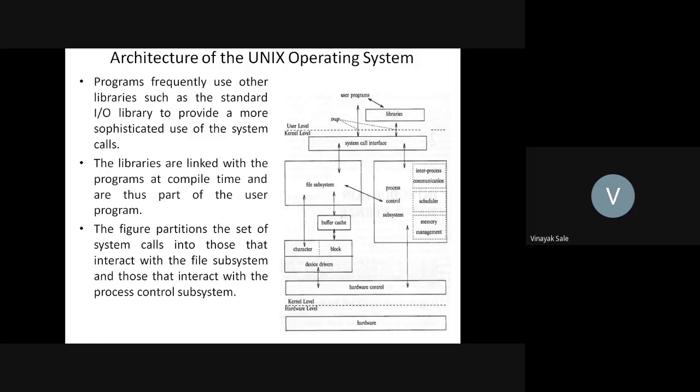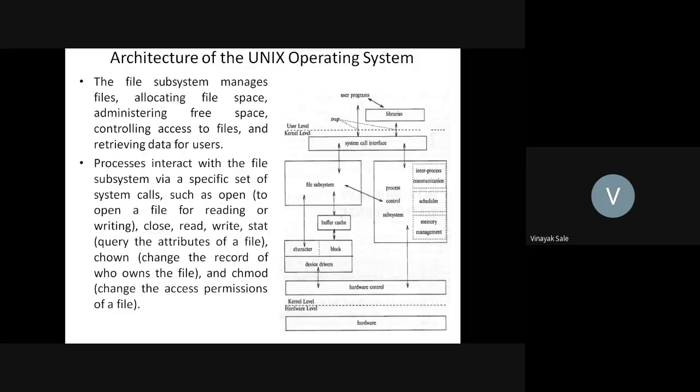Then some calls interact with the file subsystem, and some interact with the process control subsystem. There are system calls that interact with the file subsystem, and commands that interact with the process control subsystem. The file subsystem manages files, allocating file space, administering free space, controlling access to files, and retrieving data for users.